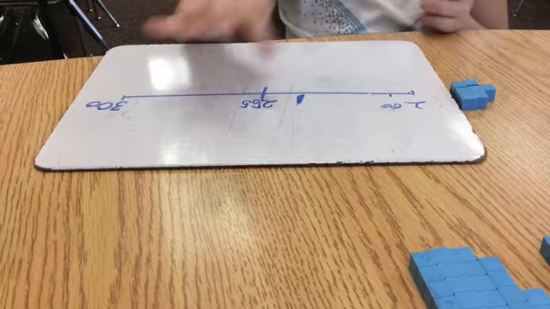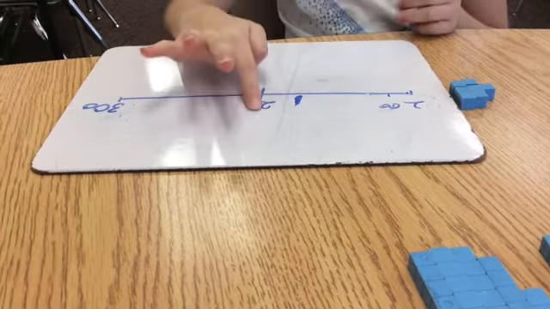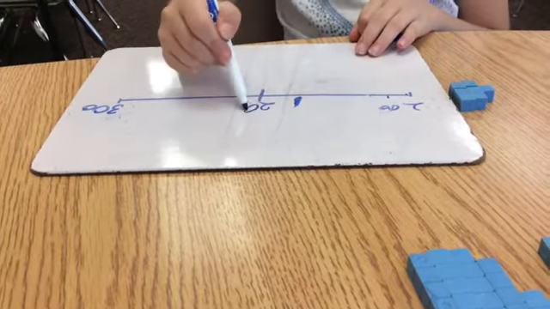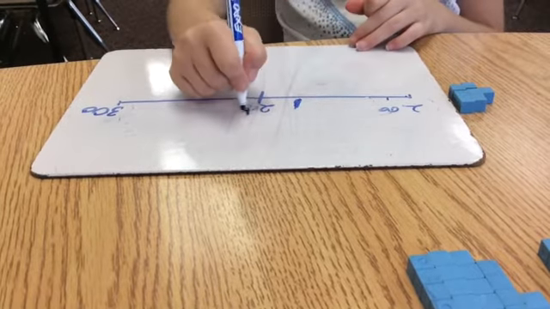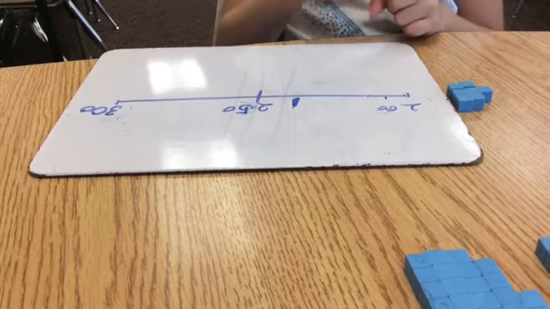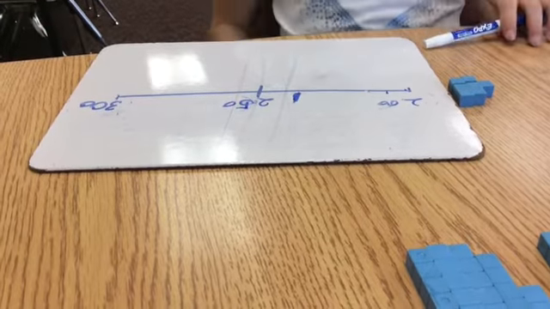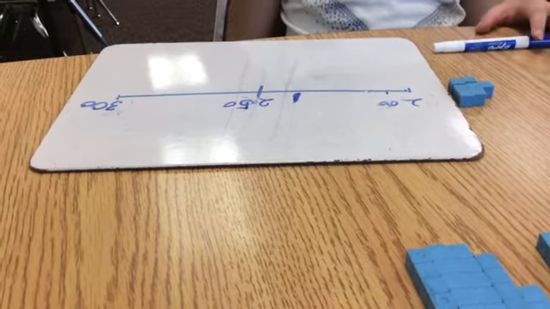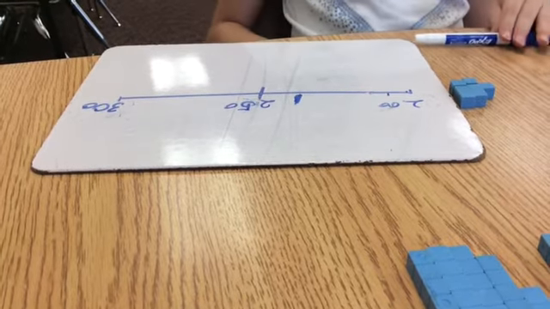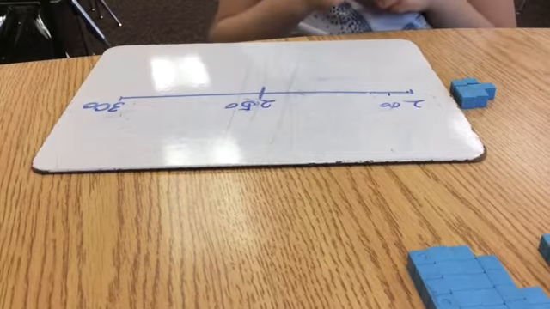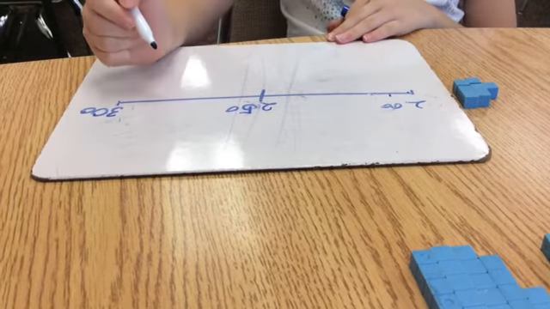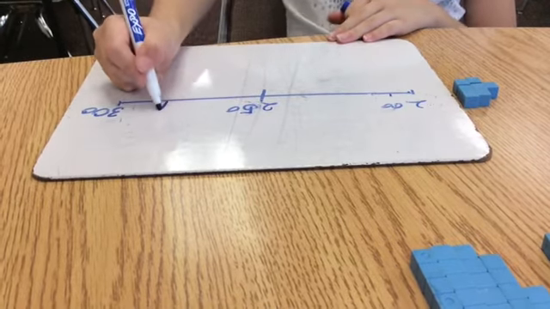Okay, so if 250 is the midpoint, what's 250 look like? If 250 is the midpoint, would where you marked 258 make sense? Why not? Where would it go? 258.